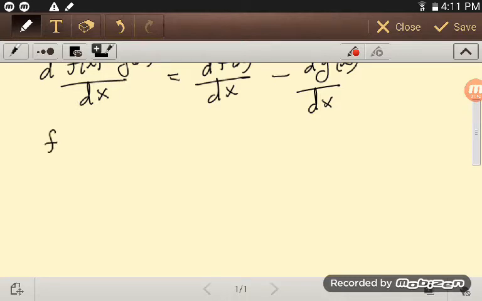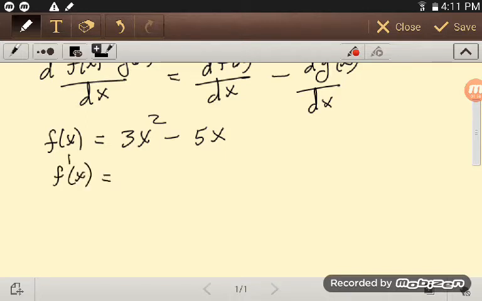Well, if I have f of x equals 3x squared minus 5x, and I would like that derivative, so f prime of x, well, what I do is I take the derivative of 3x squared, and I subtract the derivative of 5x.